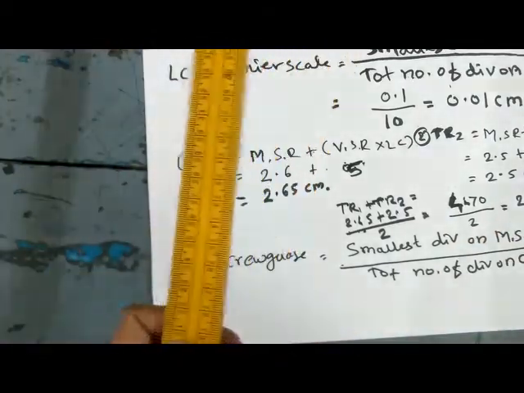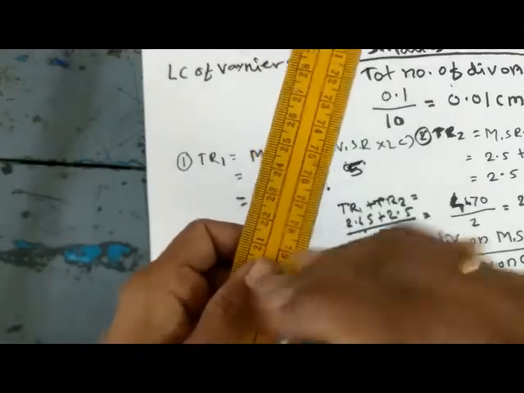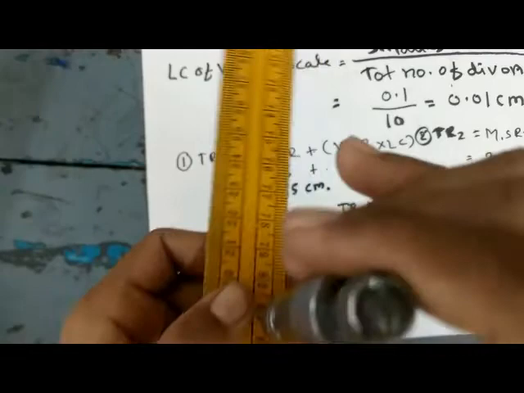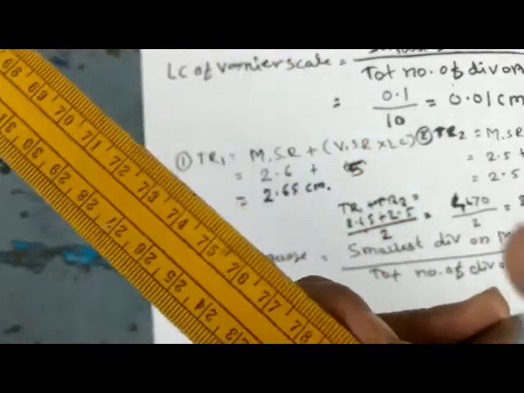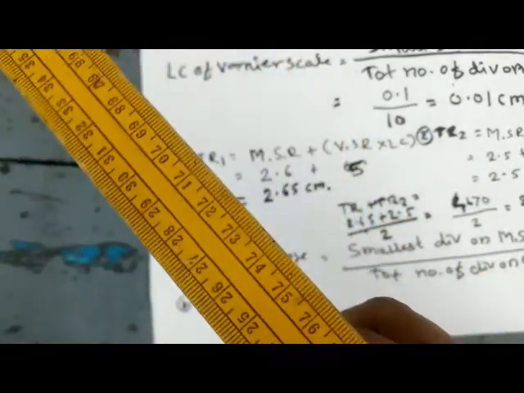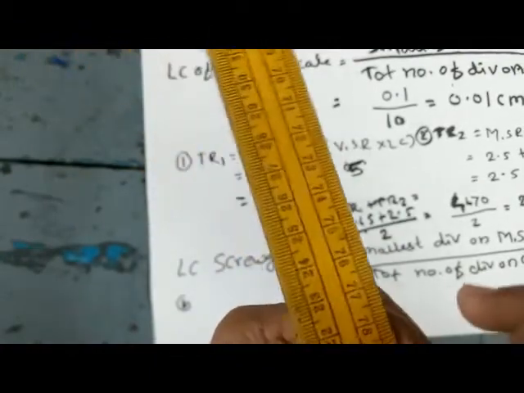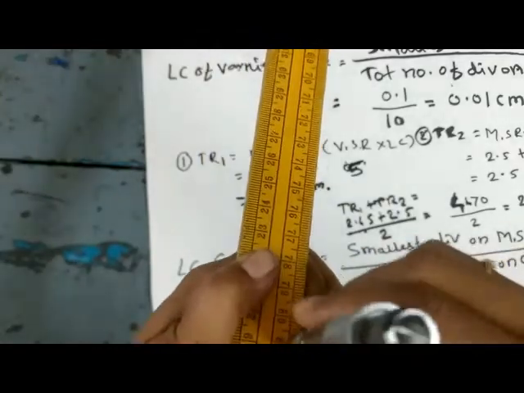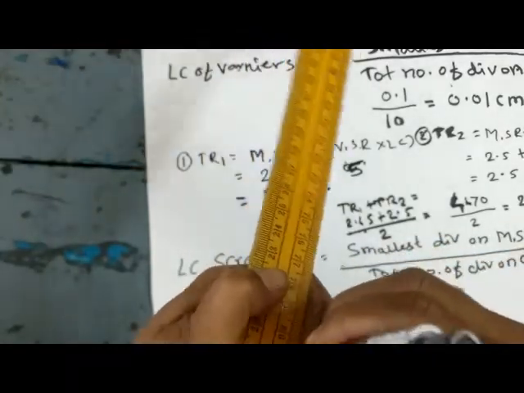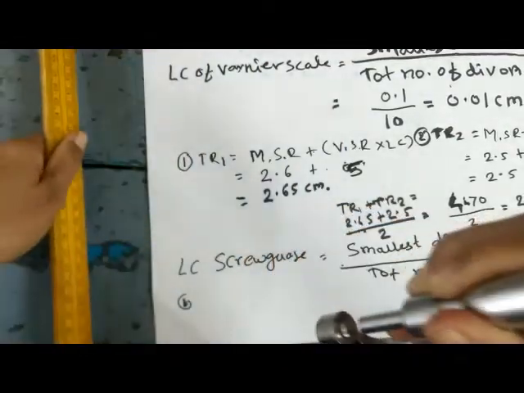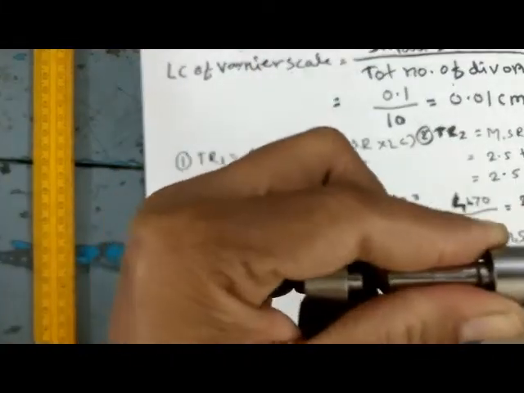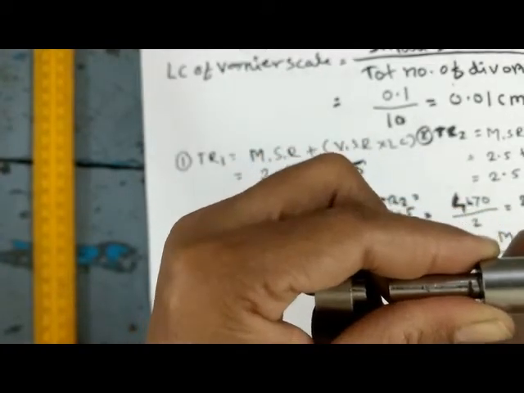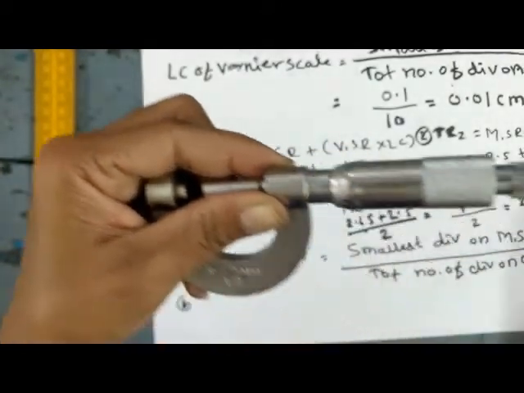So see, the breadth we will measure in this scale. See how the main scale is coinciding with the circular scale. See, the 0.5 is exactly coinciding in this reading.